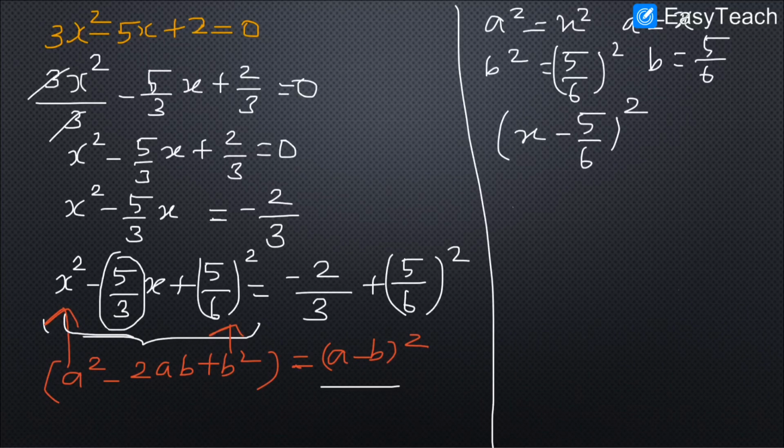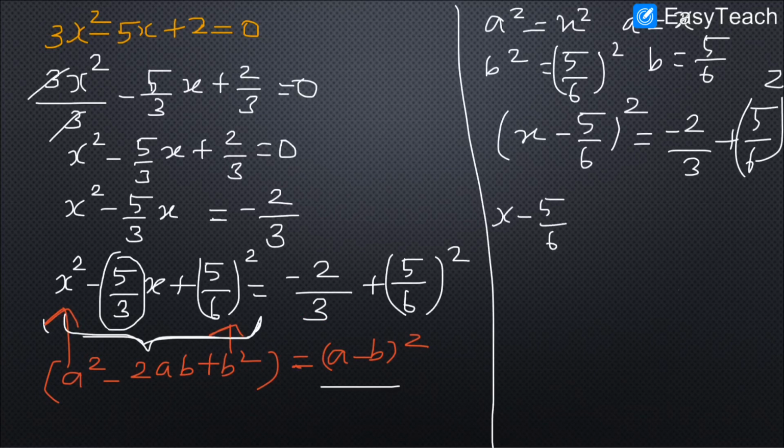We just finished this part only. The other side, I am going to write as it is: equals minus 2 by 3 plus 5 by 6 the whole square. So in this step I just converted the whole term using this formula, and the other side I just wrote as it is. Okay, let's do further.